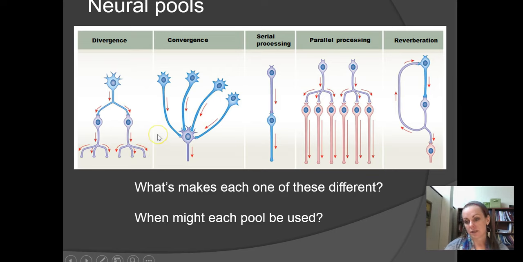Okay, convergence, an example of that. We might think of this as maybe a motor neuron that's controlling the movement of a muscle. And if you remember, there's many areas of the brain that control muscle movement. There's the primary cortex that initiates the movement.